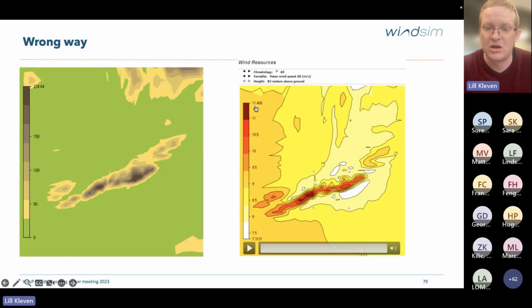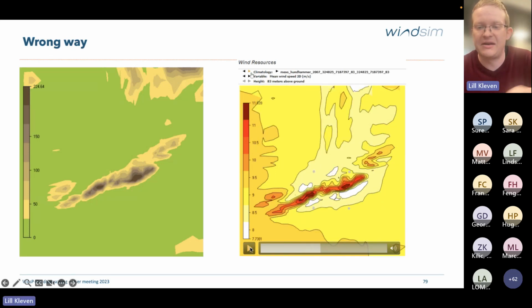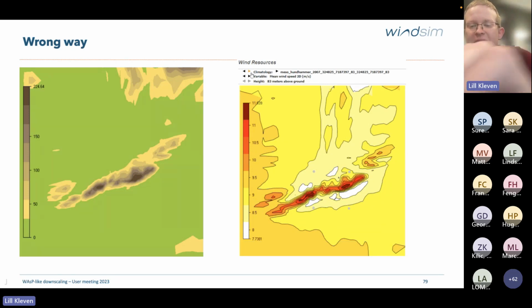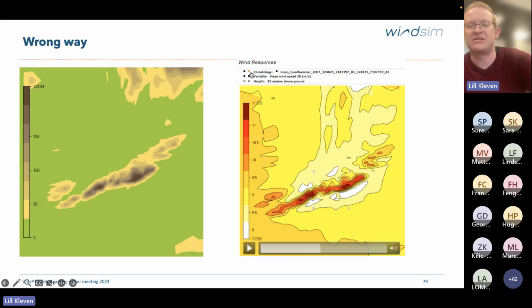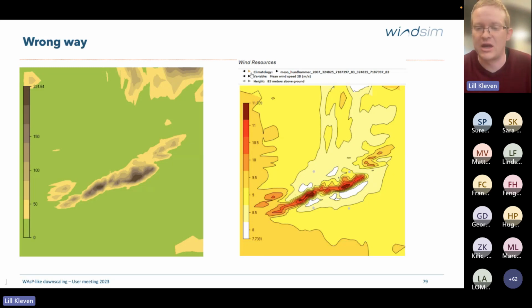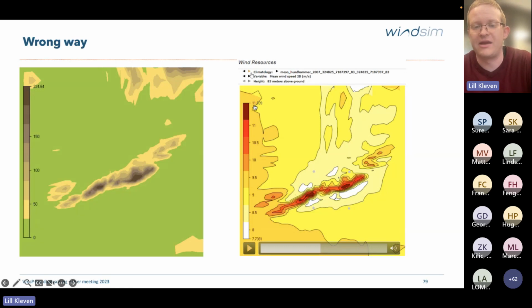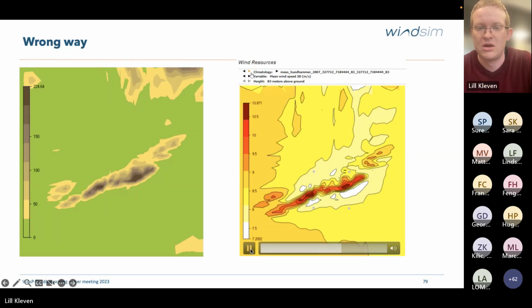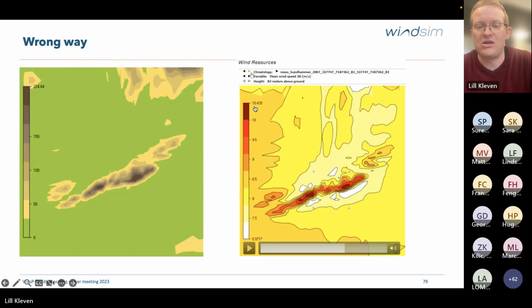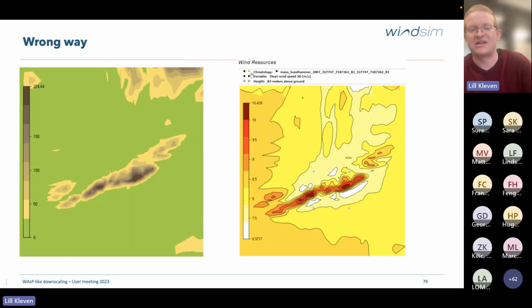If you pay attention to the mean wind speed values when I loop over the different mesoscale data points, then when I click here on the climatology, it only calculates the wind resources based on one mesoscale data point, one of these 4 points. Here you have a maximum wind speed of 11.6 for this point, but then you can have significant differences in the maximum wind speed.